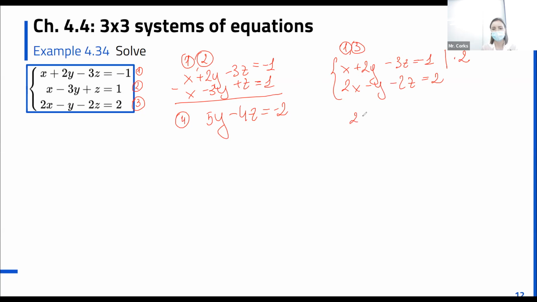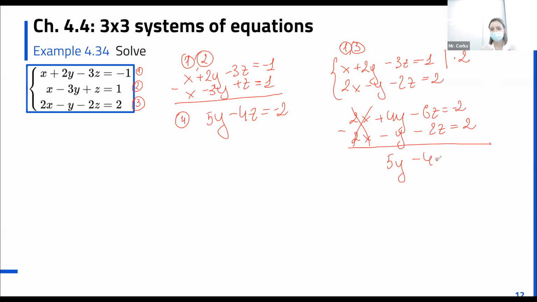So we will have 2x plus 4y minus 6z equals minus 2. And then we use minus 2x minus y minus 2z equals 2. So x are gone. 5y, minus 6 plus 2, minus 4. And we have minus 2 minus 2, minus 4.